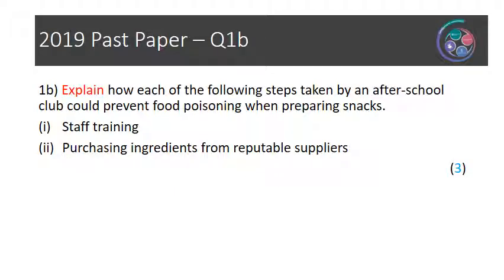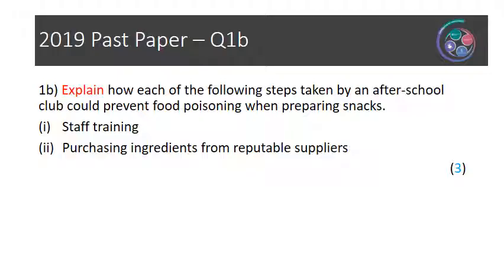Question 1b. Explain how each of the following steps taken by an after-school club could prevent food poisoning when preparing snacks. Staff training and purchasing ingredients from reputable suppliers. This question is worth 3 marks, so you will have to have 3 points relating back to the question.